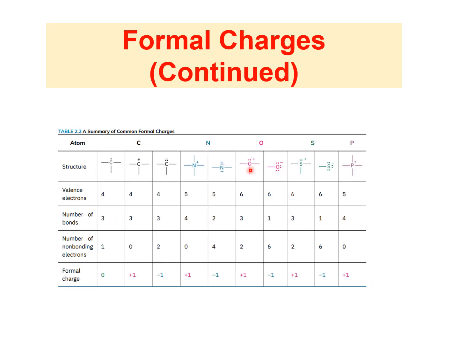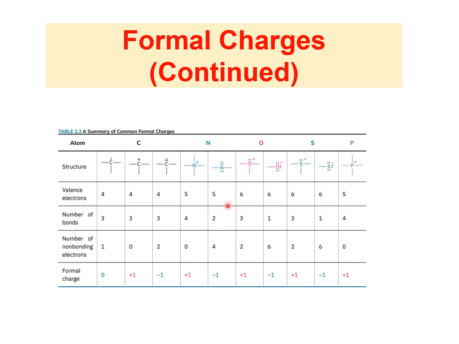Before that, look at this table. This is a summary of the common formal charges. For example, carbon, if it is forming all 4 bonds, will have a formal charge equal to 0. However, if it is forming only 3 bonds, it will have a formal charge of +1.